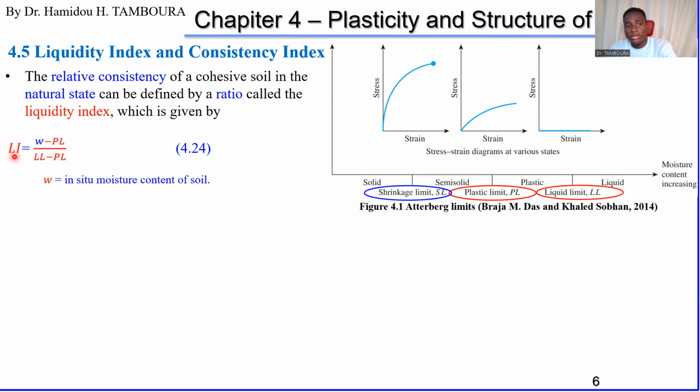Liquidity index, Li, is water content minus plastic limit, and the denominator is liquid limit minus plastic limit. This is the formula of liquidity index. And what is it? This ratio is the relative consistency of the soil in natural state.